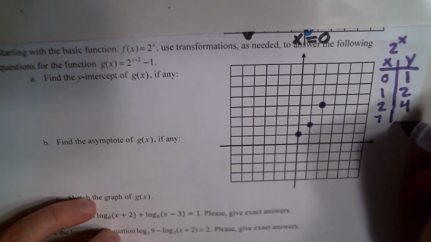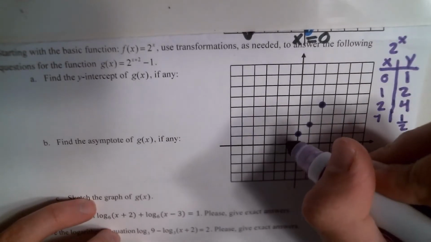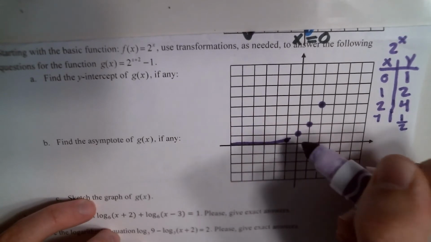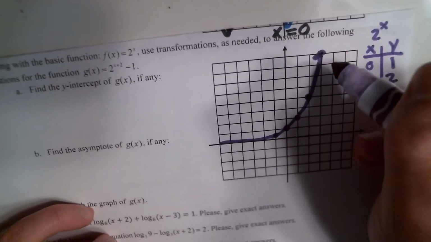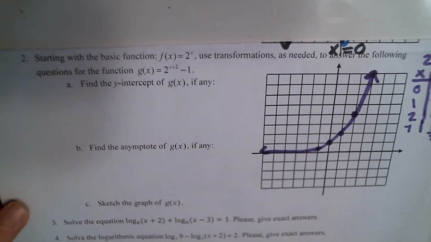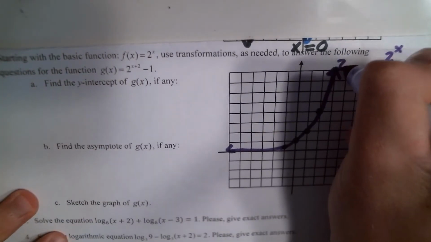A negative exponent means we divide, so we get 1/2. So we're going to be here at 1/2, and the graph goes something like that. So that's our exponential function, 2 to the x.